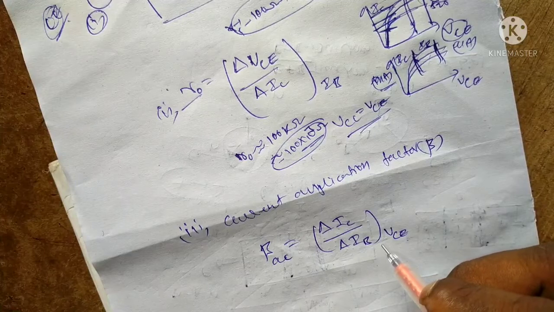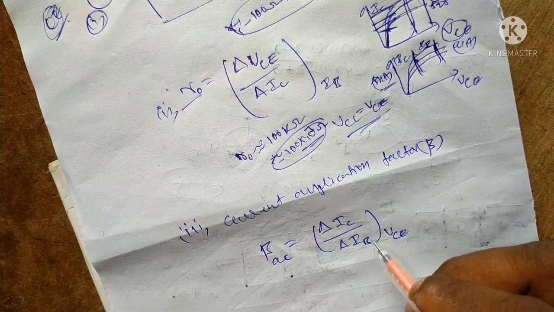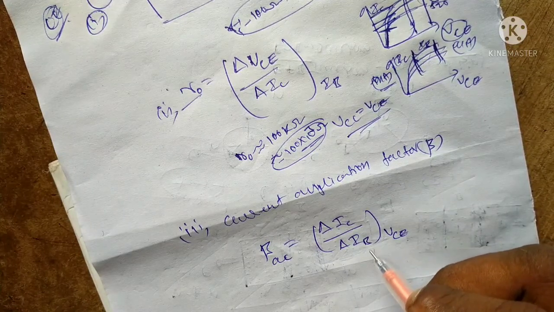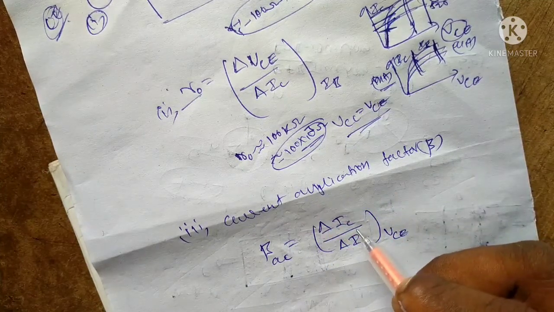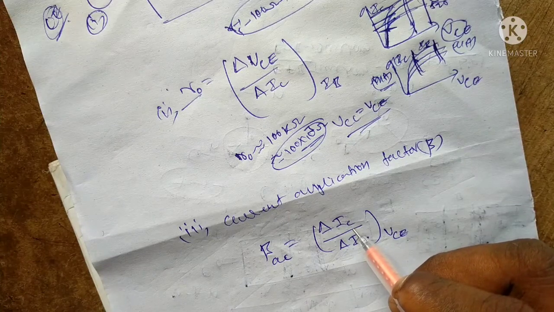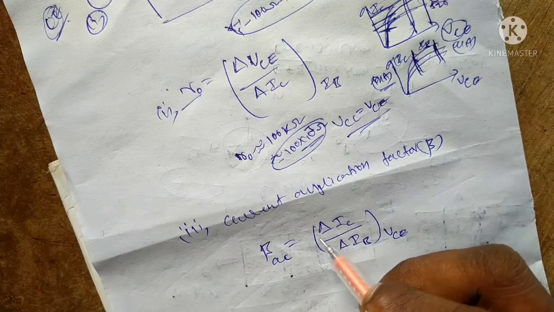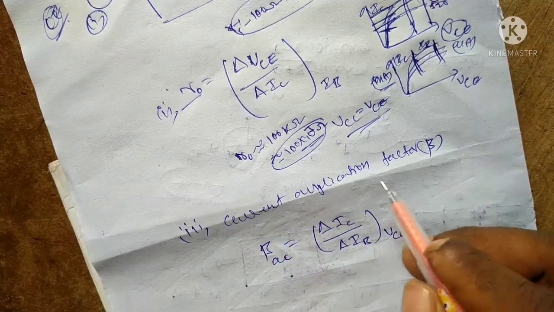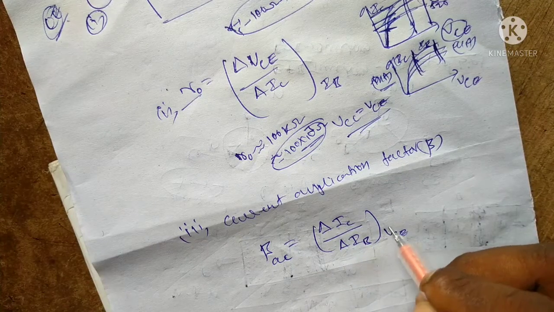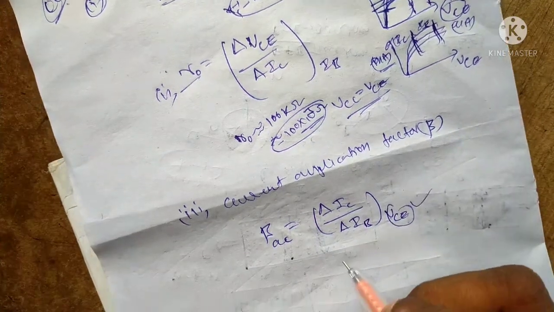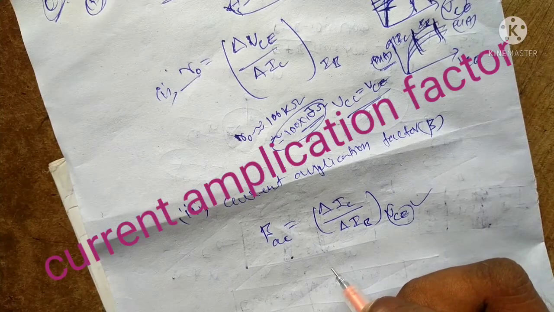Okay, when the transistor is in the active state, this is the ratio of the amplification factor. In the case of the common emitter configuration, the current amplification factor is the change in collector current to the change in base current at constant VCE. Now, for large values, these are also known as small signals.